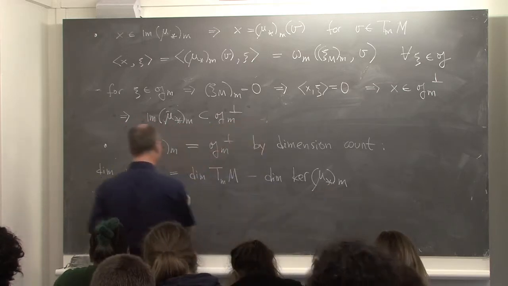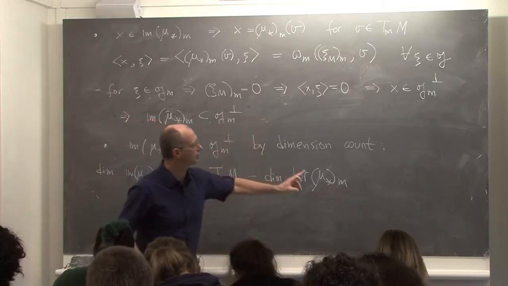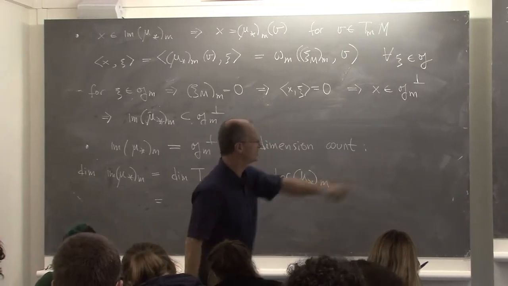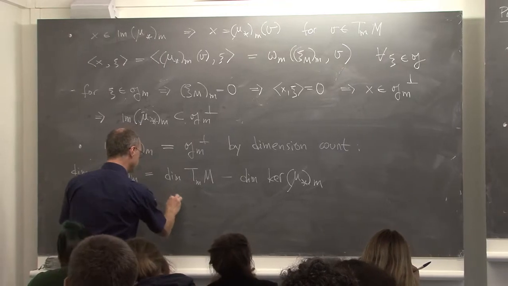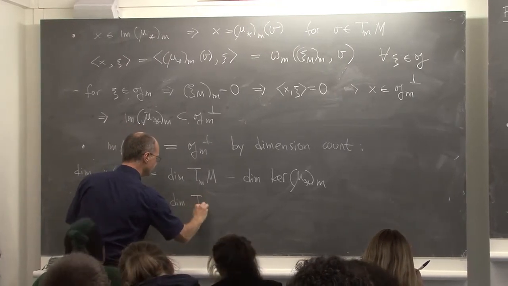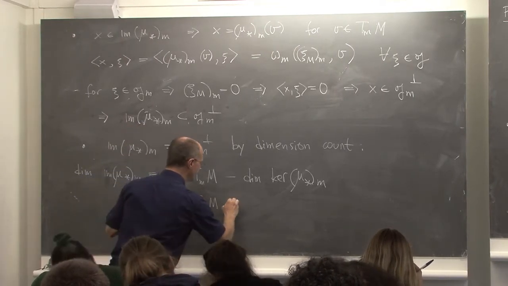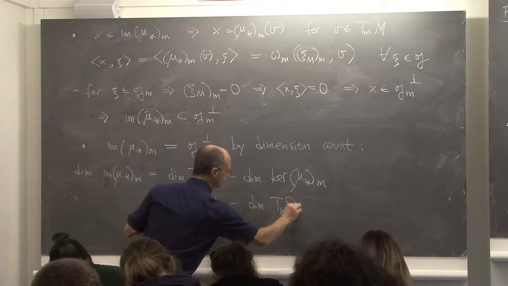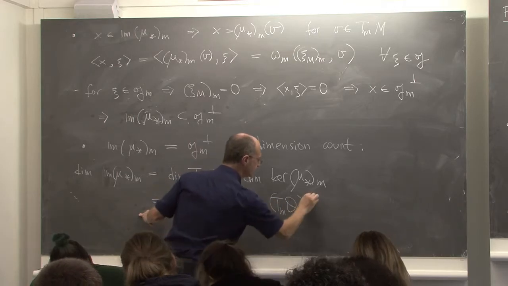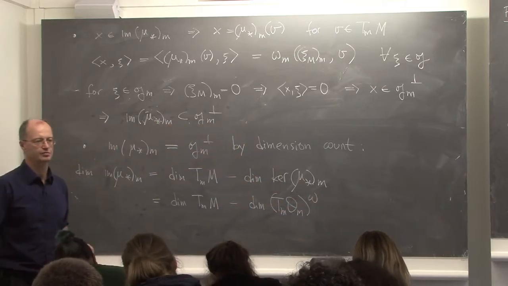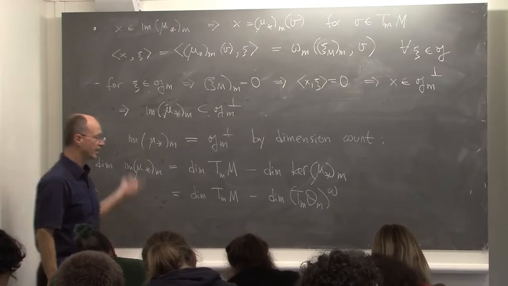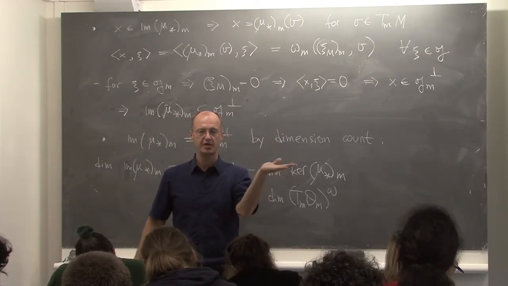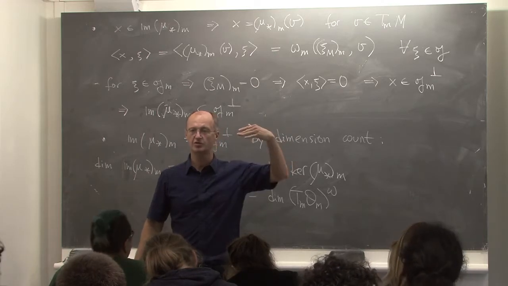Now, what do we know about the kernel? The kernel, we know that this is the omega orthogonal to the tangent space to the orbit. So suppose we have a symplectic vector space, we have a subspace, and we have its omega orthogonal.